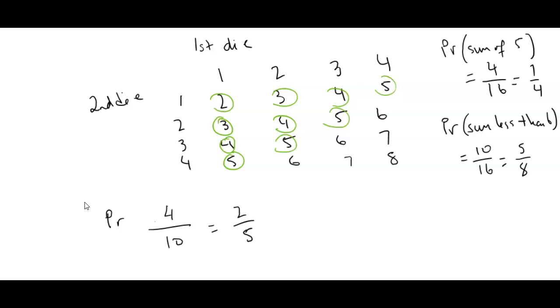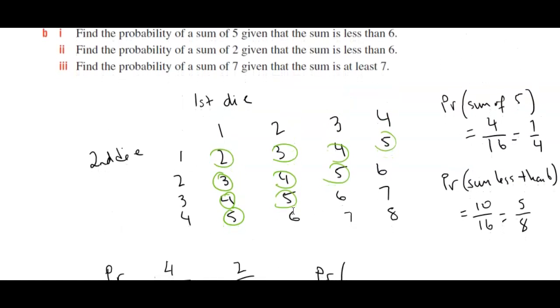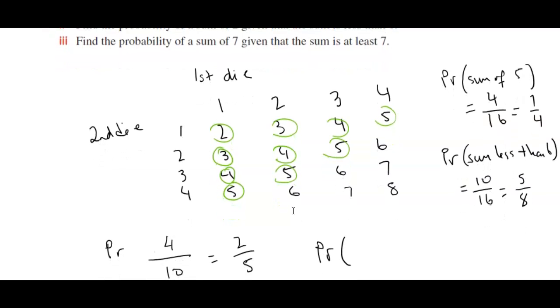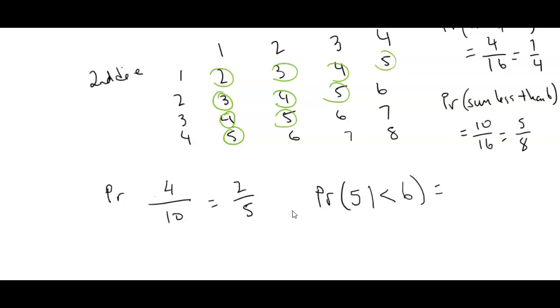Now your conditional probability formula, I should have written it like this. The probability sum of 5, so probability of the sum is 5 given that it is less than 6. Okay, so conditional probability formula, the probability of 5 and less than 6.